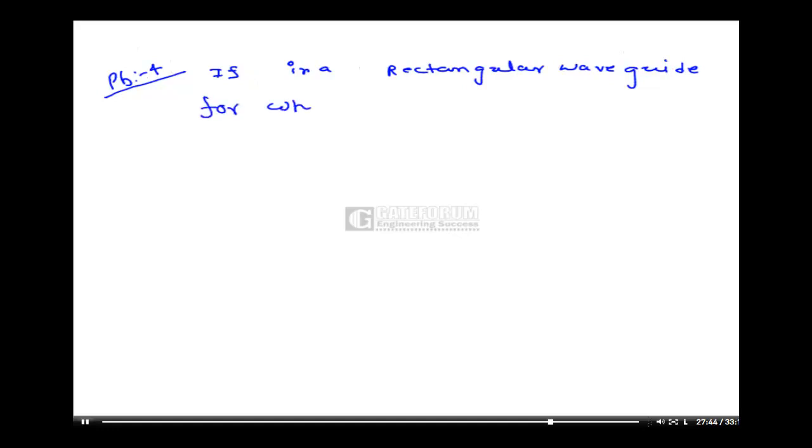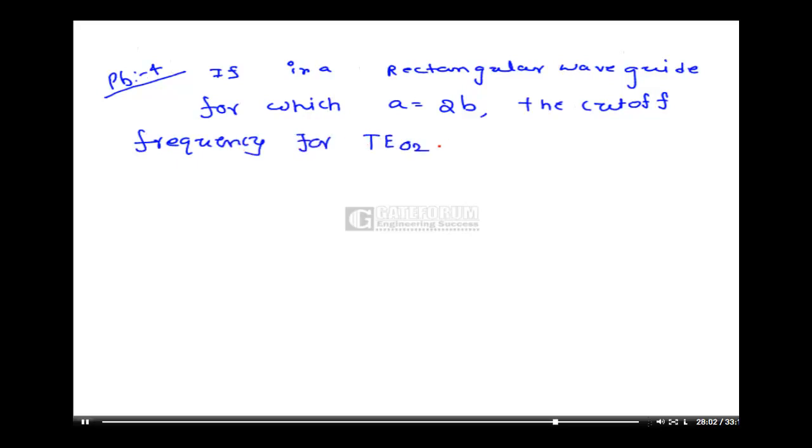The next problem is problem number 4. If in a rectangular waveguide for both A is equal to 2B, the cutoff frequency for TE02 mode is 12 GHz.